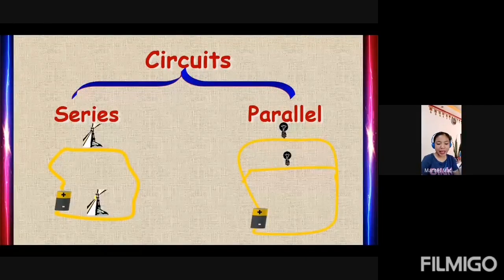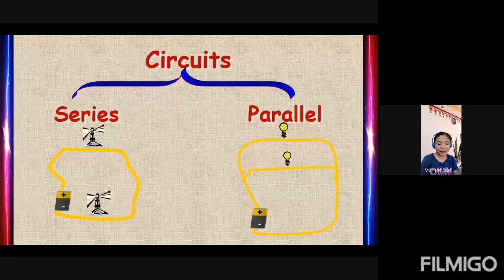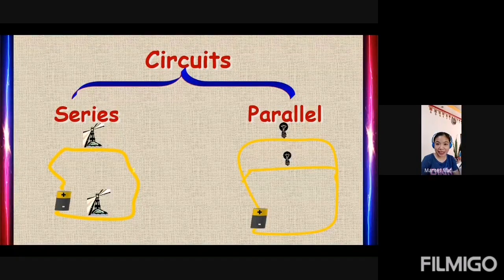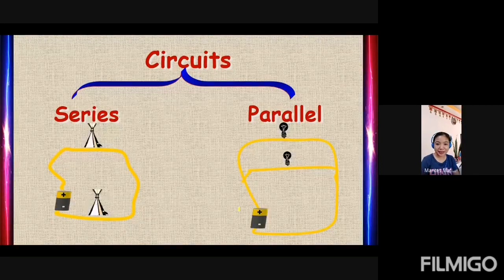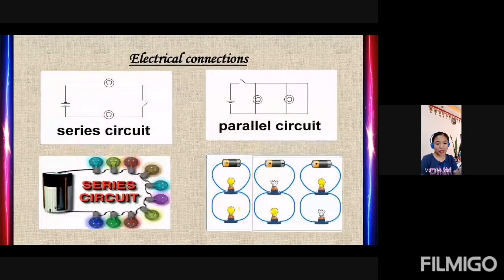Yung daanan ng electrons natin, yung path ng electrons. Iisa lang yung path natin. Pero kay parallel, merong isa, meron pang pangalawang path. Okay, correct, Ira.